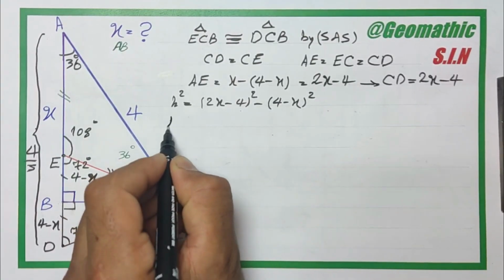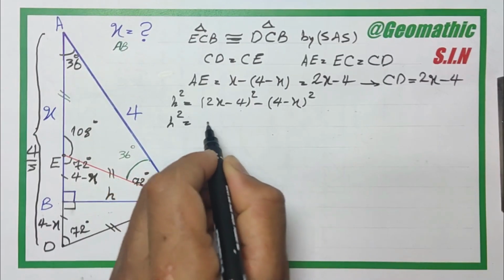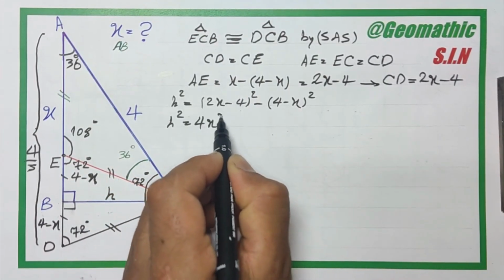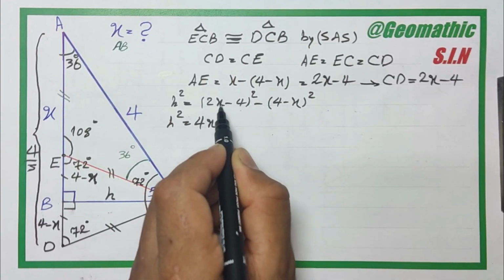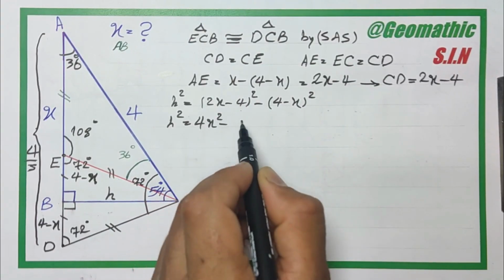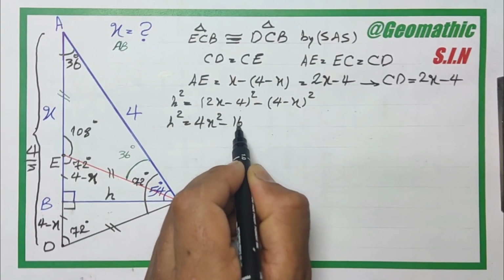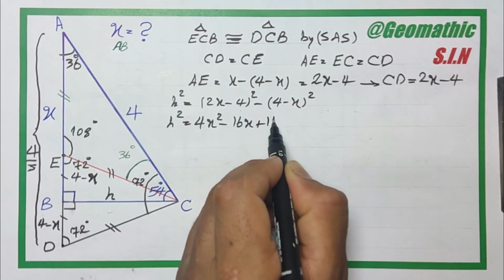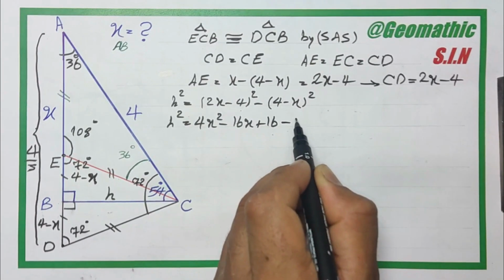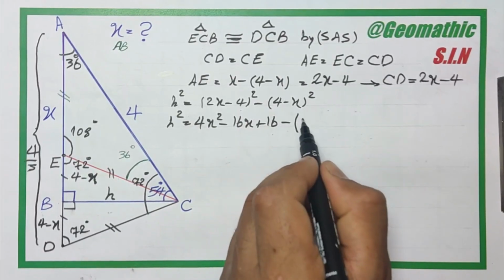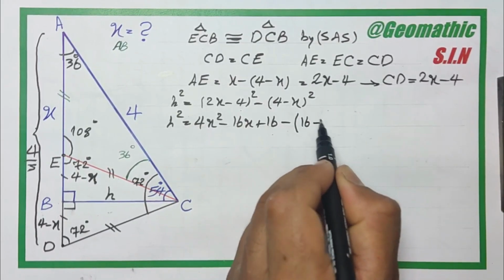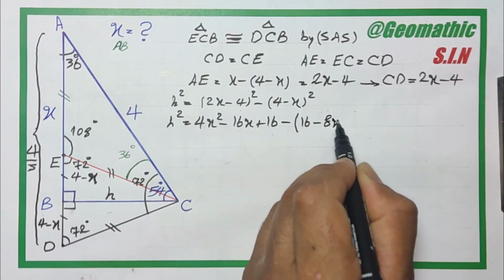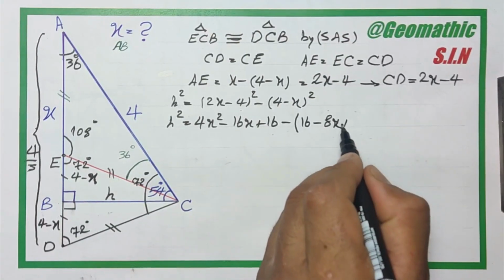Expand it. H squared equals (2X) squared, which is 4 times X squared, minus 2 times 2X times 4, which is 16X, plus 4 squared, 16, minus 4 squared, 16, minus 2 times 4 times X, 8X, plus X squared.